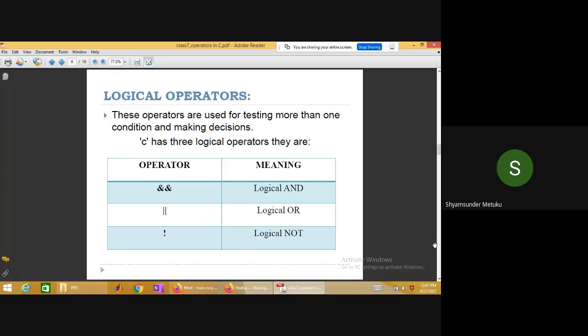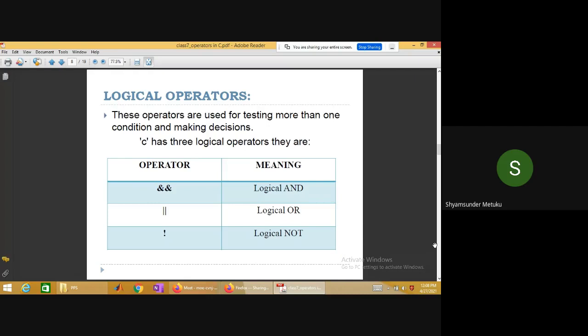Press shift followed by that key, and you will find a vertical line. Here it is simply 2 pipes. Then comes the exclamation mark, which represents NOT. So logical AND, logical OR, and logical NOT: only 3 operators are there for the logical group.